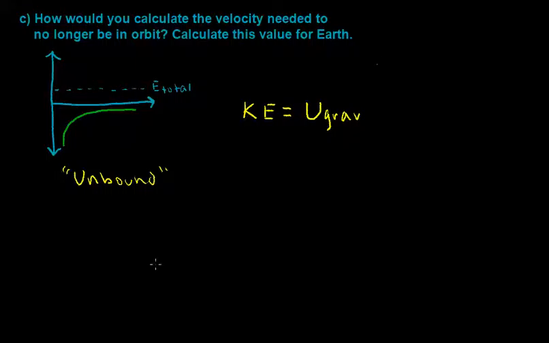So of course, if we just write out these two values as their equations, kinetic energy, 1/2 mass times velocity squared, is going to equal our big G constant times the mass of Earth times the mass of our object divided by the radius of Earth, rather than the distance from Earth.